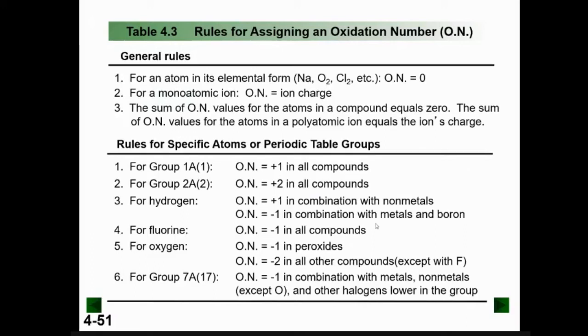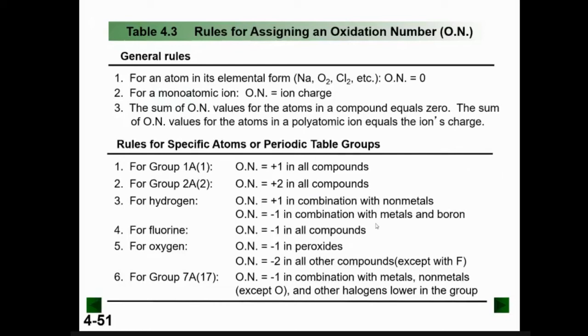It'll be written right there on the sheet for you. Number 3, we add them all up to get the overall charge, because atoms are 0, so we would want everything to cancel as we go forward. Other rules are underneath. Hydrogen's a +1, oxygen's a -2.